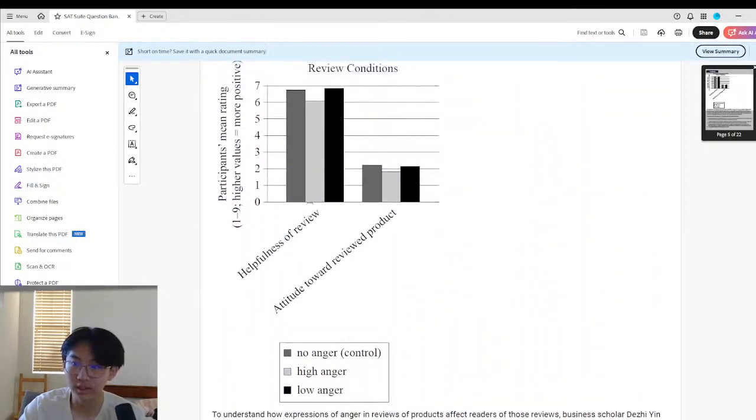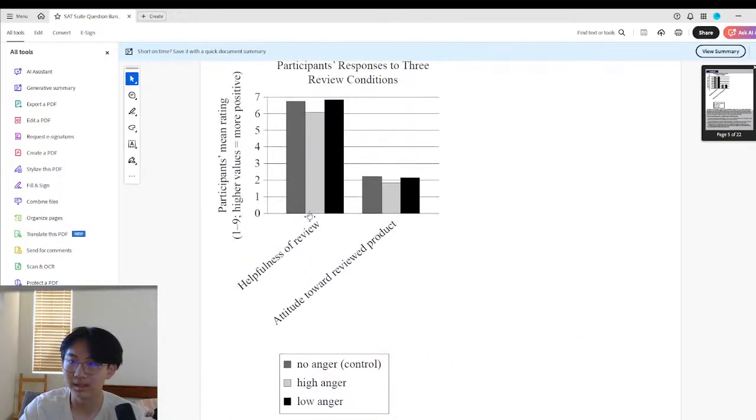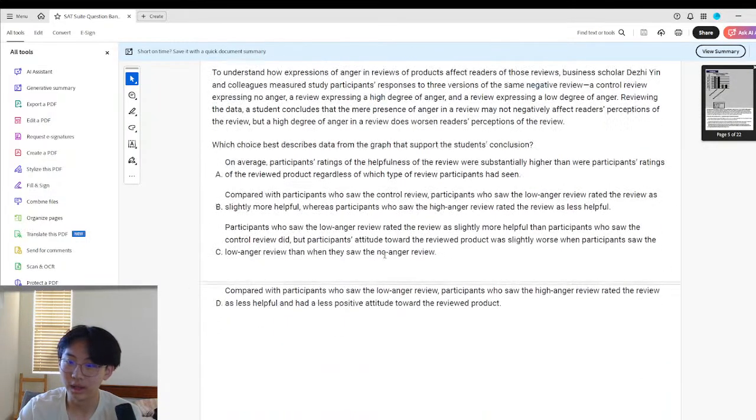If we're looking at the helpfulness of the review itself, it looks to be higher than the lower. Oh no, sorry. The high anger seems to be higher than the low anger when we're looking at the attitude. So option D is already automatically false, right?